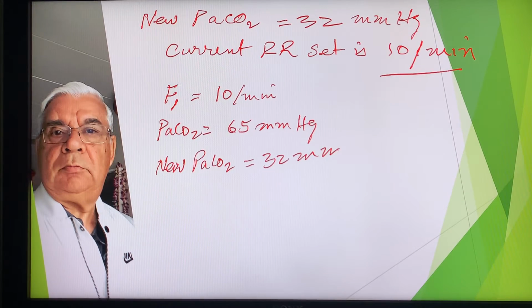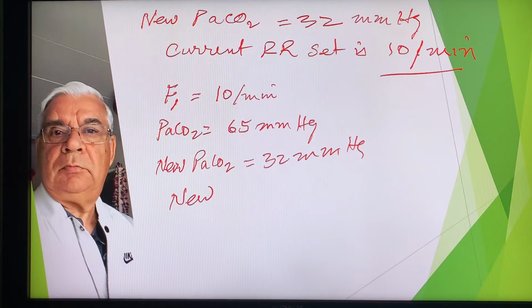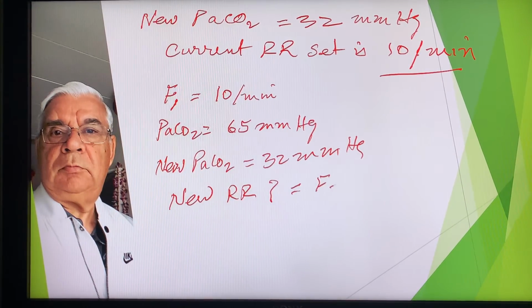millimeters of mercury. And the new respiratory rate we need to find, which will be called F2. This is what we need to find out.